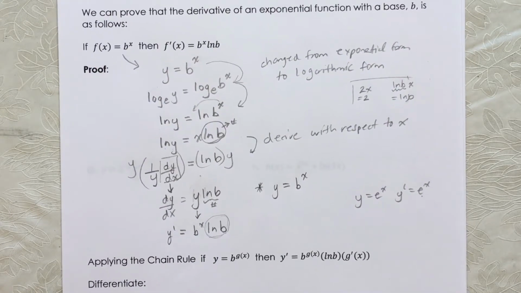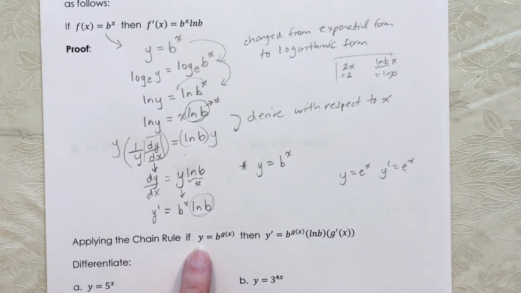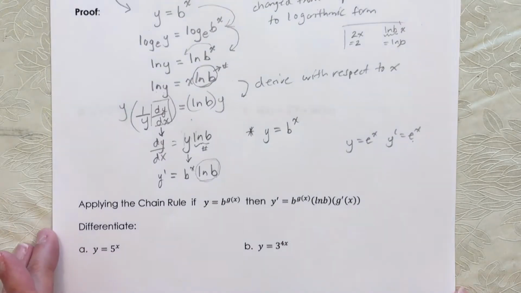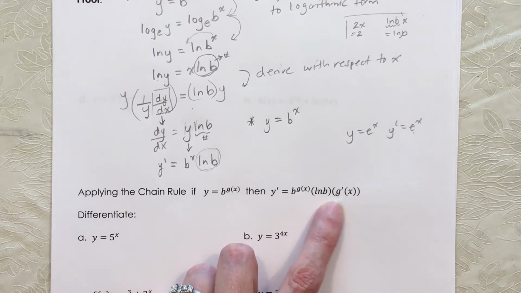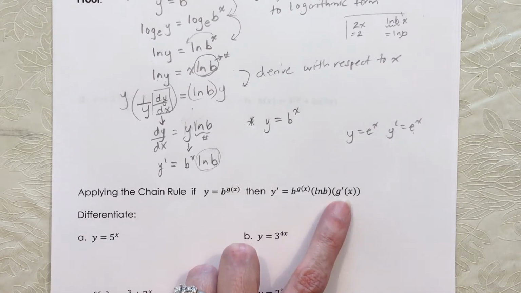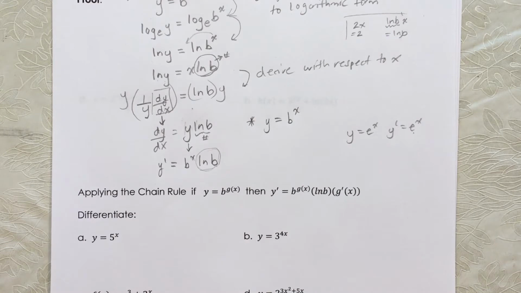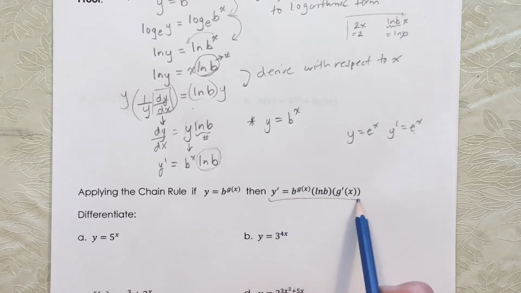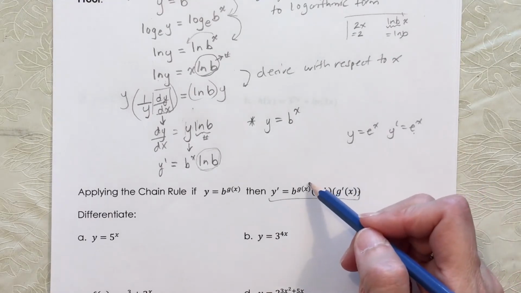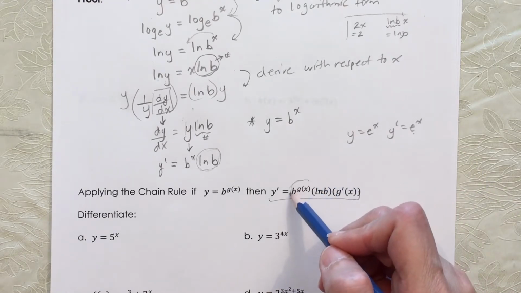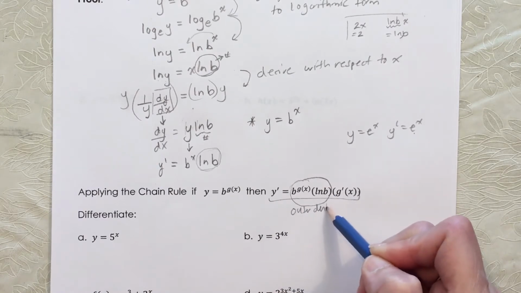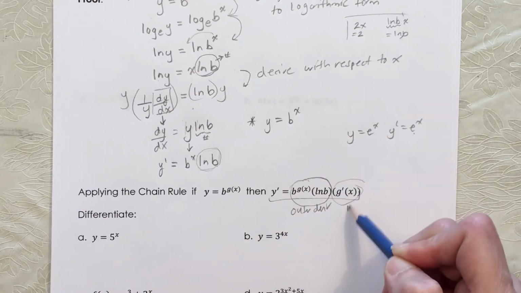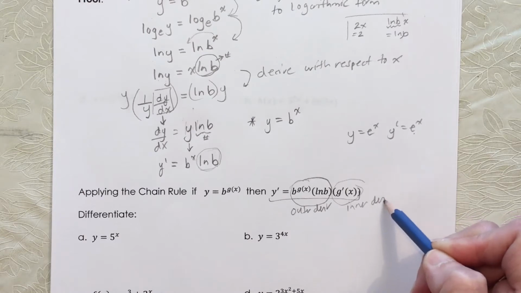Okay, and if you apply the chain rule to that, so if you're deriving y equals b to the g at x, then y prime would be b to the g at x times the ln of the base times g prime at x. Okay, and we're going to start off with some easy ones so you can get used to this. This looks like a lot, but really this is my outer derivative, and then times the inner derivative.